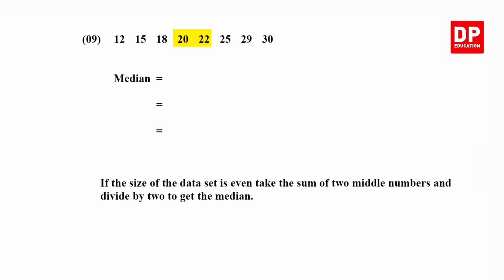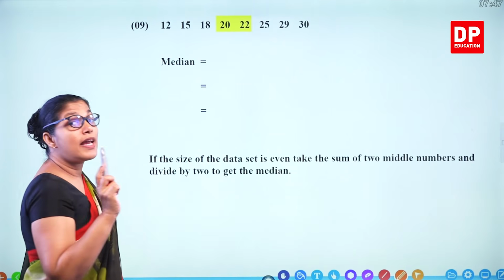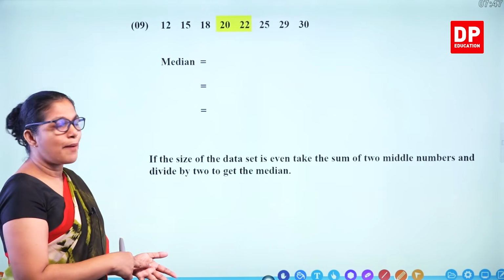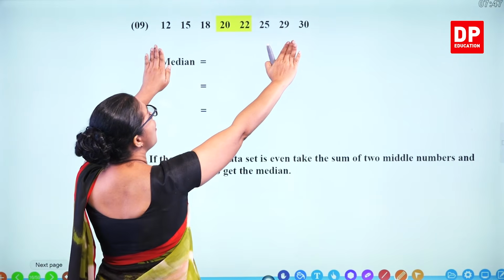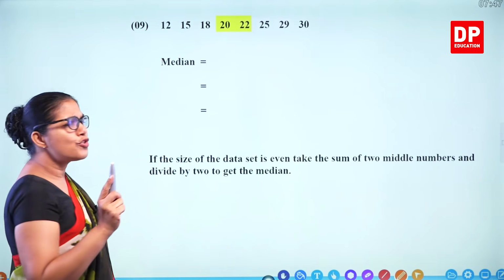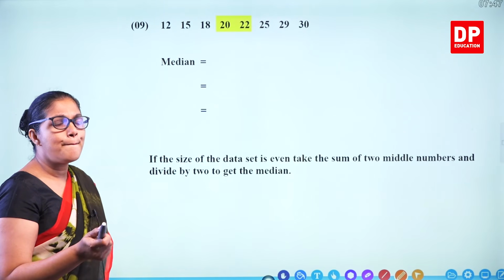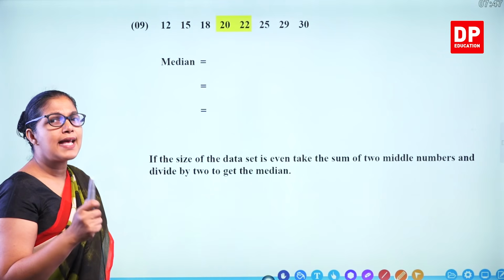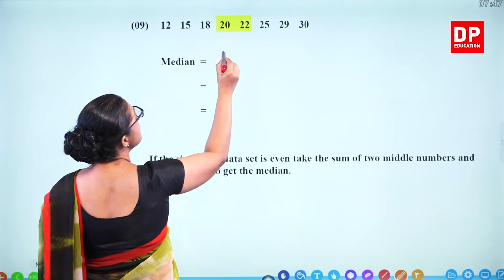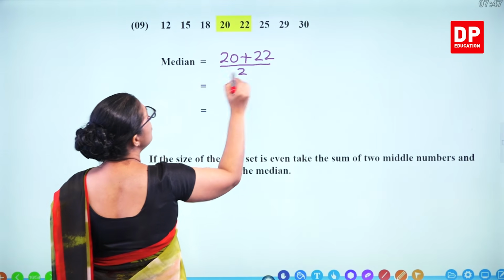Look at this one. How many data points? 1, 2, 3, 4, 5, 6, 7, 8. When you get an even number of data points, you get 2 middle numbers. So when you take from corner to corner, you can see these 2 are the middle numbers. So what do you do when you get 2 middle numbers? Take the sum of the 2 middle numbers and divide it by 2. So 20 plus 22 divided by 2.